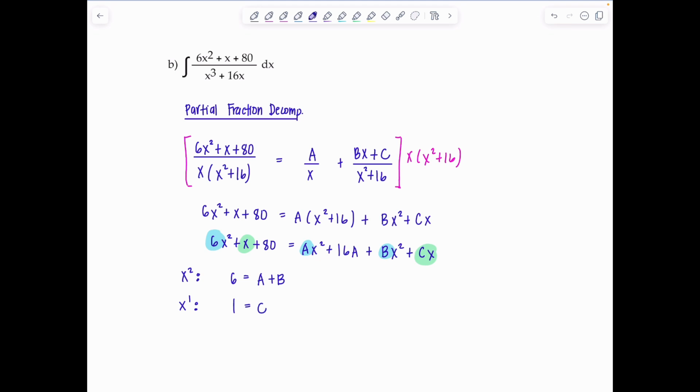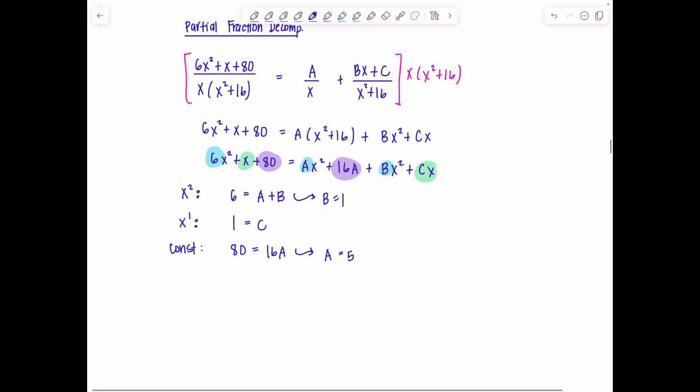Fabulous. I love it when you get a freebie like that, you know? And then what about the constant terms, or x to the 0? We've got 80 equals 16a. Another freebie. So that means a is 5. And then if a is 5, then I can see b is 1. So we're good. That was pretty straightforward.